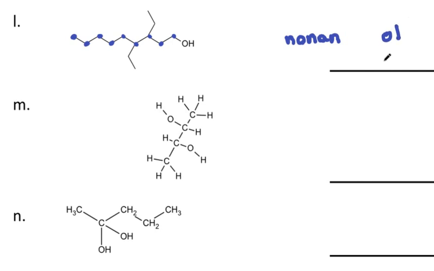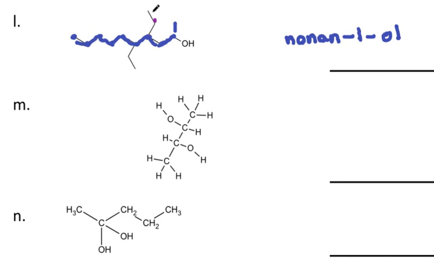Nonanol has got to be one of the worst names I've heard today. Okay, so nonanol, and because this is on the first carbon, this is now officially carbon number 1, it's nonan-1-ol. In that case, the 1 actually almost helps. Okay, so nonan-1-ol would cover this whole primary here, and now we have to manage the branches.